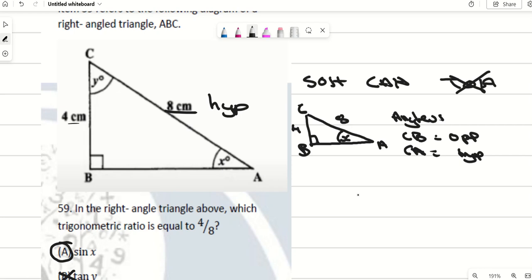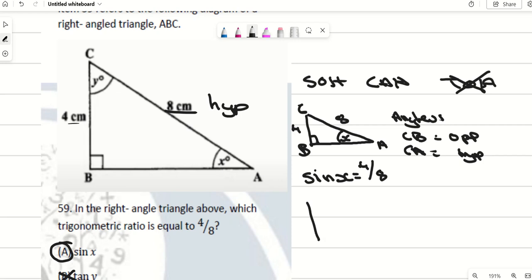So we have opposite over hypotenuse, which is sine. So if you're using angle X, it would be sine X, the angle in question, equals opposite, which is 4 over 8. Now that's if you're using angle X.